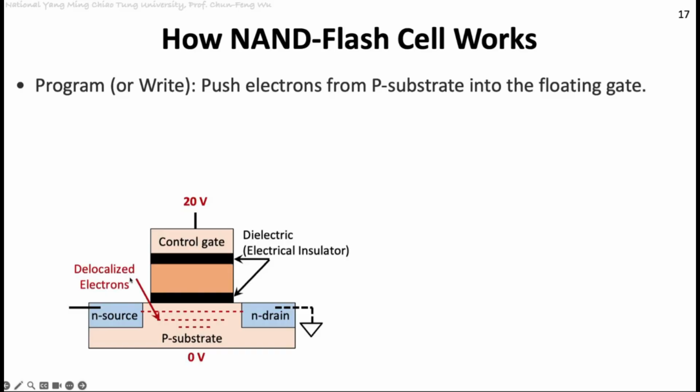Delocalized electrons is called 游离电子. If you give a super large voltage value, more delocalized electrons will be generated. If this voltage is way smaller, like 10 volt or 5 volt, then you will get fewer delocalized electrons. So it depends on how large this voltage value is.